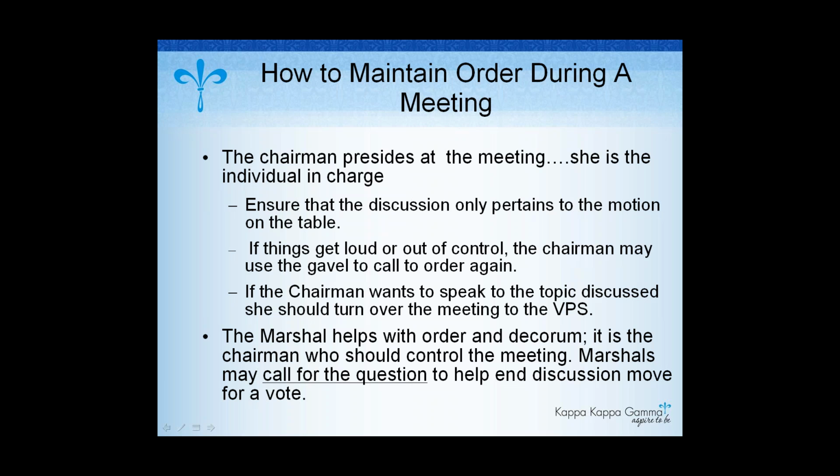The marshal also can help by supporting the chairman or the president by asking people to be quiet, although it's much easier done by the chairman because that person has the gavel.